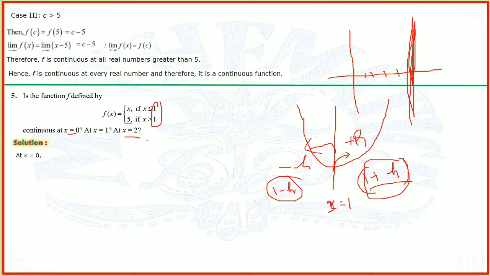So x is equal to 0 means less than 1, so 0 will also fall into the x less than or equal to 1 category. And when x is equal to 2, 2 means greater than 1, so the function is equal to 5 always. So it is clear that when x is equal to 2, the function will be continuous.